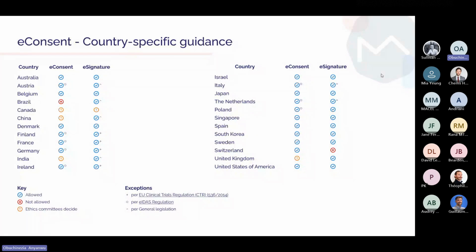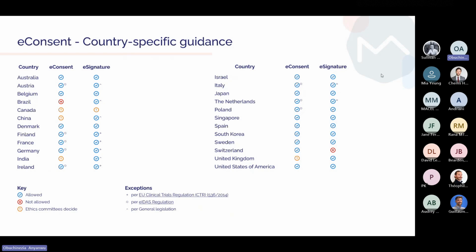So here we have a list of country-specific guidance for eConsent, showing areas where it is allowed. This was a list put together by Castor. Generally in the northwestern world, eConsent and e-signature are both accepted, with the caveats of Canada and the UK.